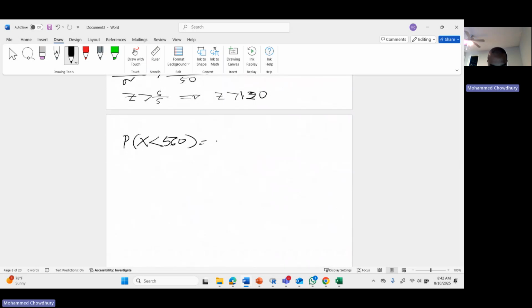You can directly do this in R with pnorm 560, 550, 50. Or in Excel, you can just put norm dot dist, 560, and then 550, and then 50, and then true. Then you will get it.